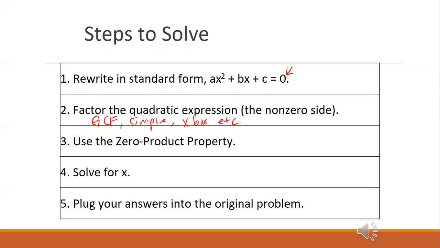Then you're going to use the zero product property, which just means that you're going to take each factor and set it equal to 0. So you take your factors and set them equal to 0. Then you're going to solve for X using inverse operations. What does inverse operations mean? Anyone? Inverse operations.